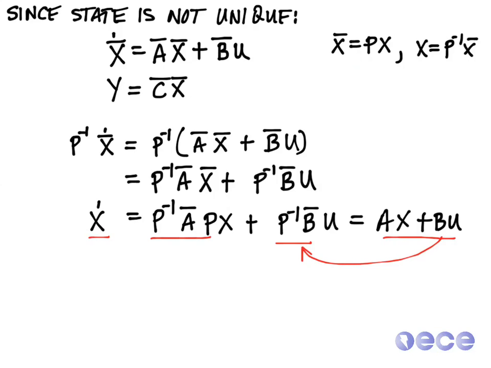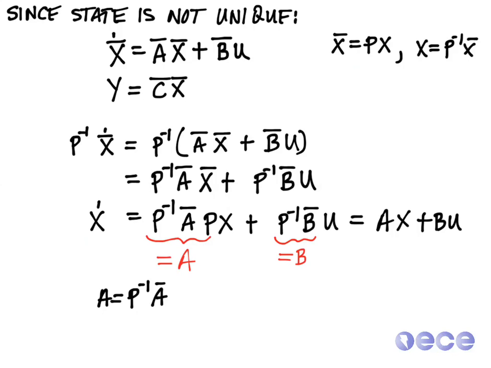So this is important. This is equivalent to a, and this is equivalent to b. So a is equal to p inverse times a bar times p, or we can actually just produce a bar by pre-multiplying a by p and then multiplying by p inverse.